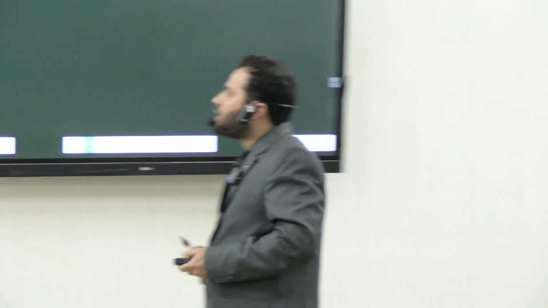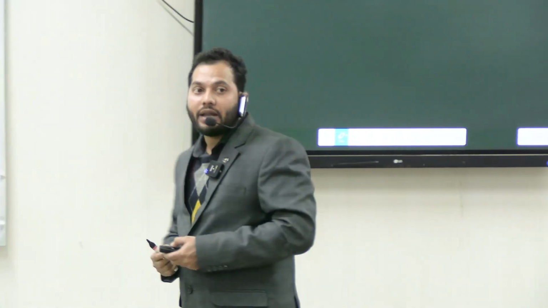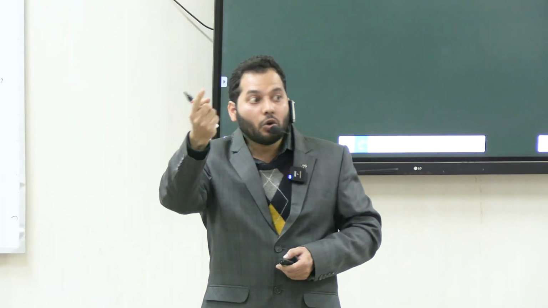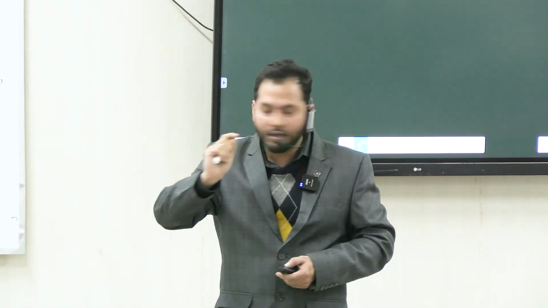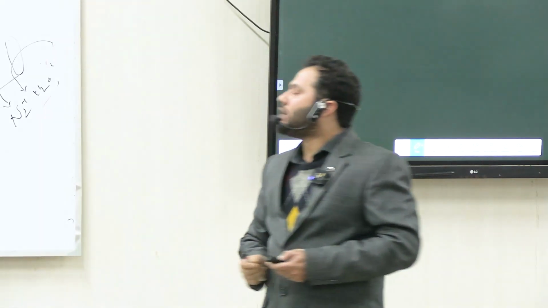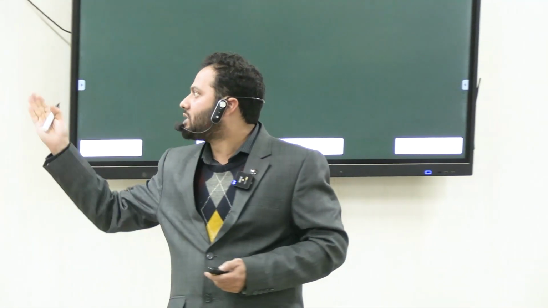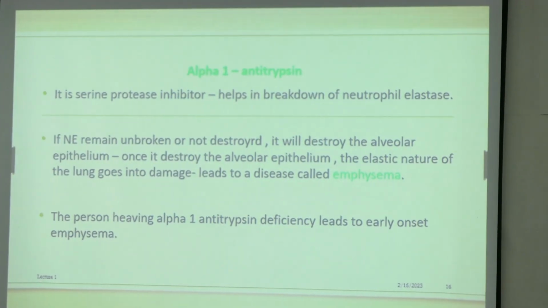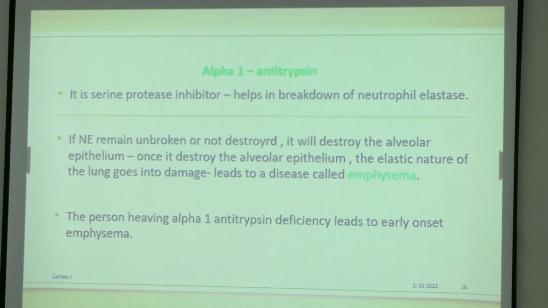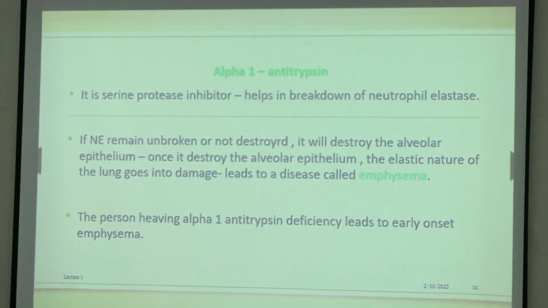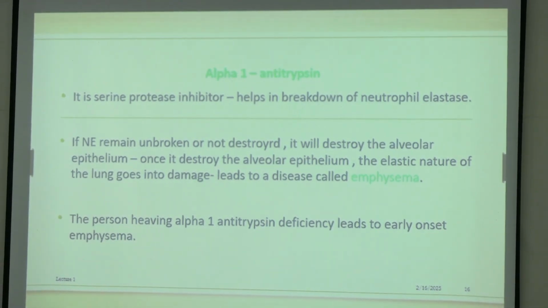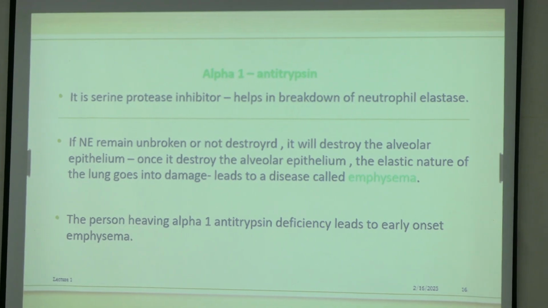See, it will destroy the alveolar epithelium, which is involved with gaseous exchange, right? Once it destroys the alveolar epithelium, the elastic nature of the lungs is damaged, leading to the development of a very important lung disease called emphysema, right? Persons having alpha-1 antitrypsin deficiency develop early onset of emphysema.